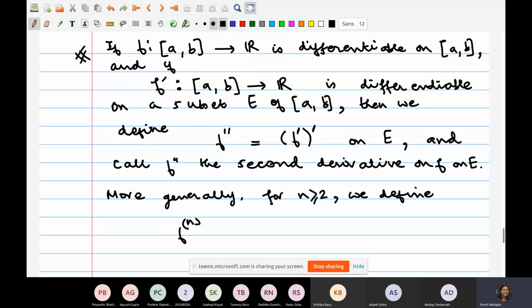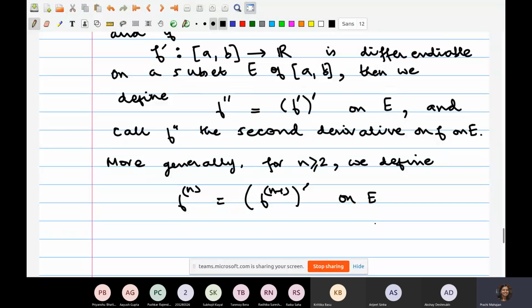This is the nth derivative of f. How do you get this? You define it iteratively. You consider the (n-1)th derivative of f and differentiate it. This is defined on a set E if the (n-1)th derivative of f is defined on an interval containing E.